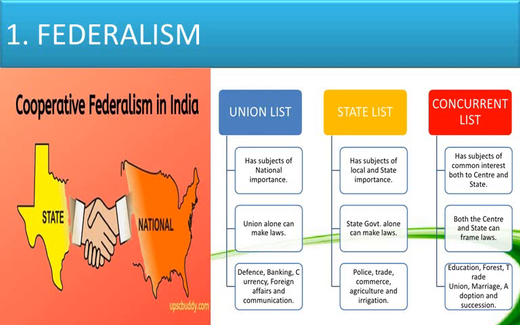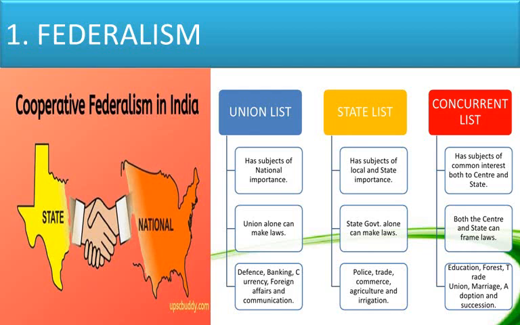And the Constitution of India provides us three lists: the Union list, the State list and the Concurrent list. The Union list has subjects of national importance. Only the central government can make laws over the subjects present in the Union list, which include defense, banking, currency, foreign affairs, and communication.